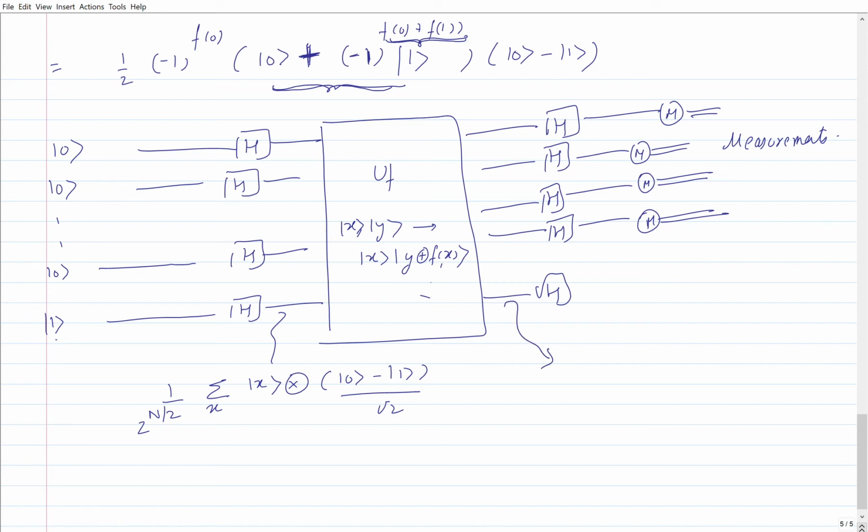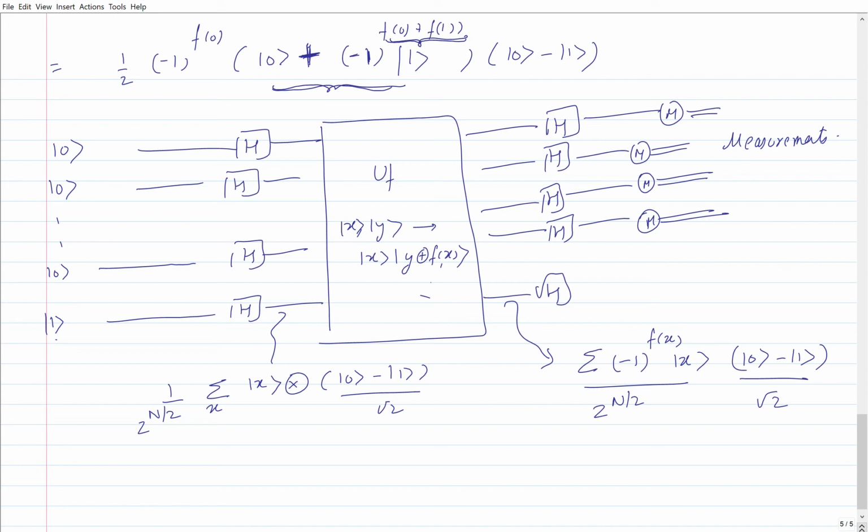The state after applying the black box U_f is going to be the generalization of the other expression: sum of minus 1 to the f(x), ket x, over 2 to the power of n by 2, tensor 0 minus 1 by root 2. This guy.